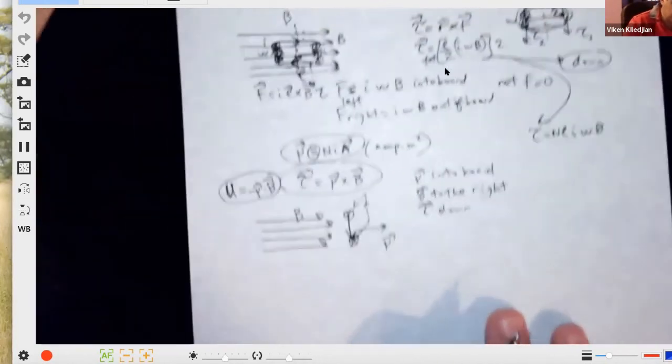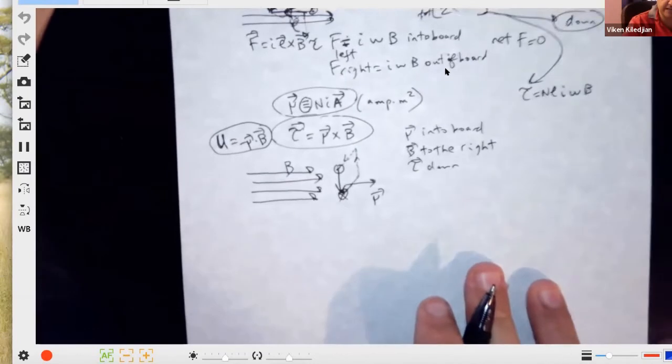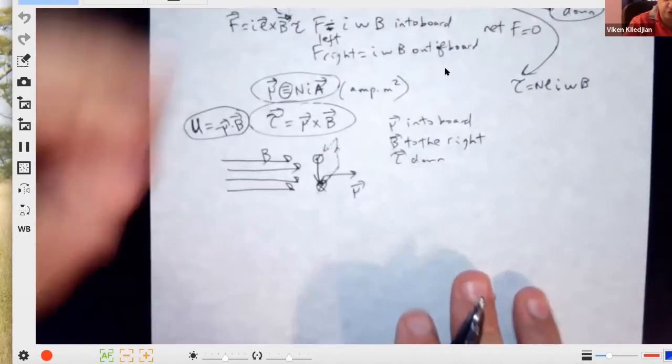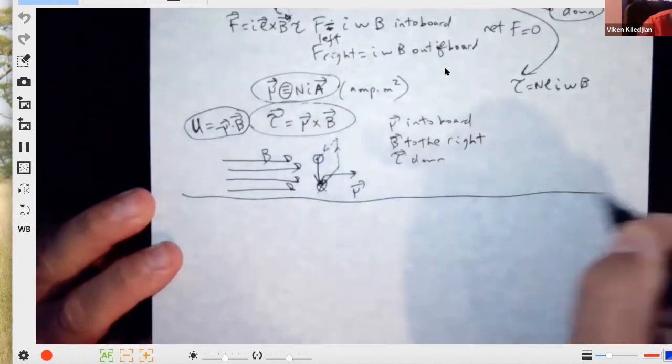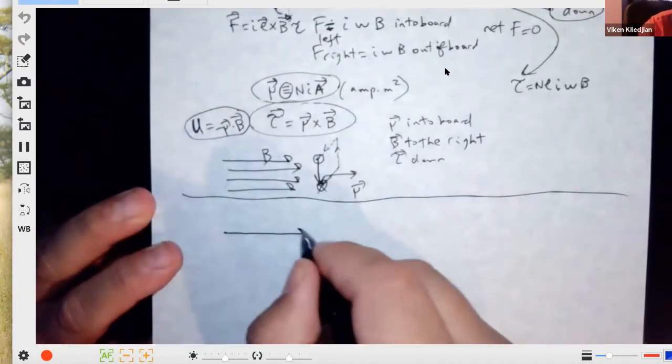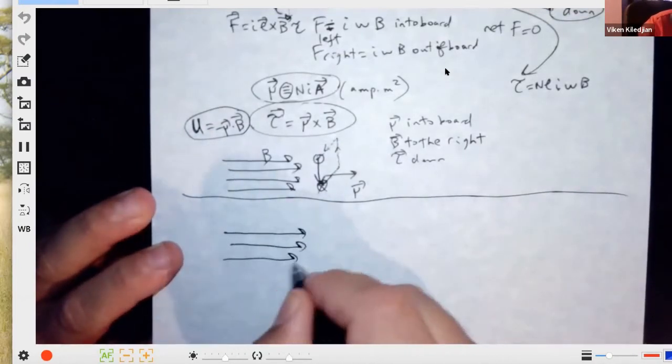So now it's nice to make an analogy with electric dipole moment, right? Back in the previous chapter when we did electric dipole moment, you have the E field like this.